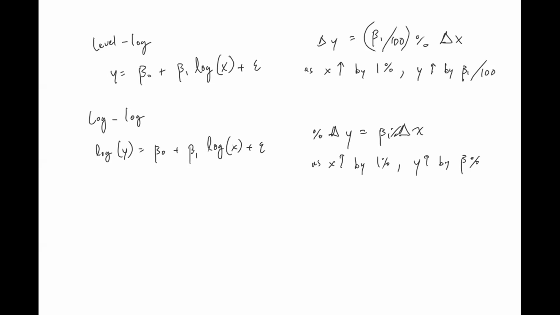So the log-log is a fairly common form, especially in econ. This is a way that you can measure an approximation of the elasticity value, right? So a percent change in one value leading to a percent change in another value, that is known as an elasticity.